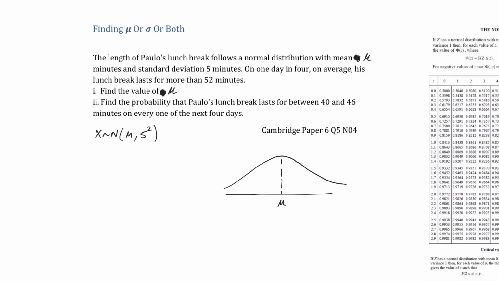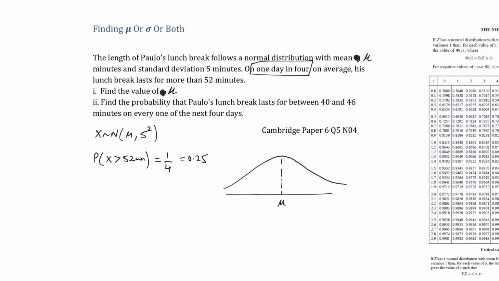So the probability that it lasts more than 52 minutes is 1 over 4, which is equivalent to 0.25.